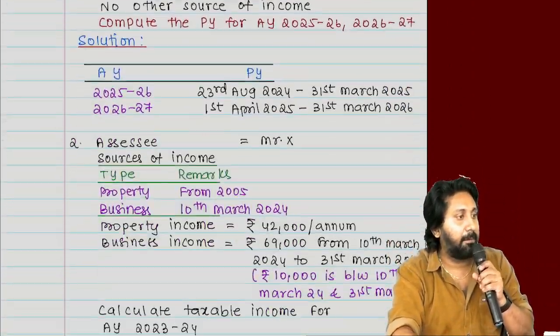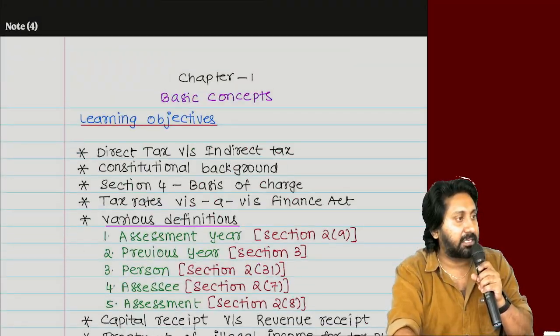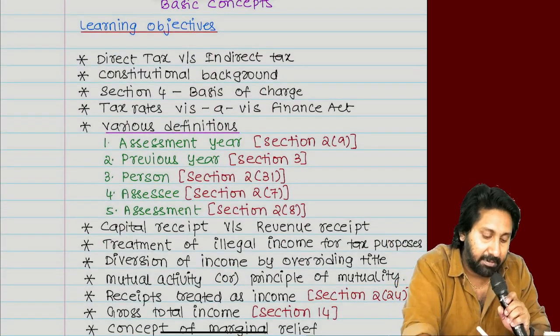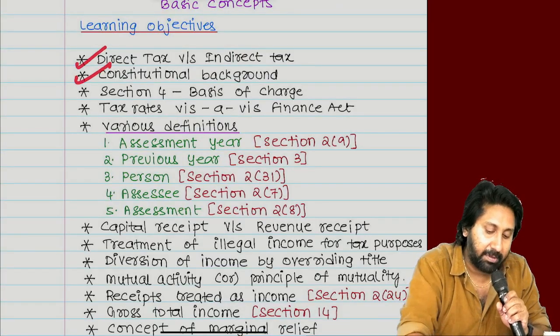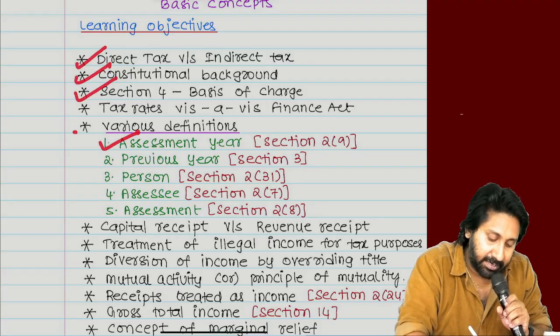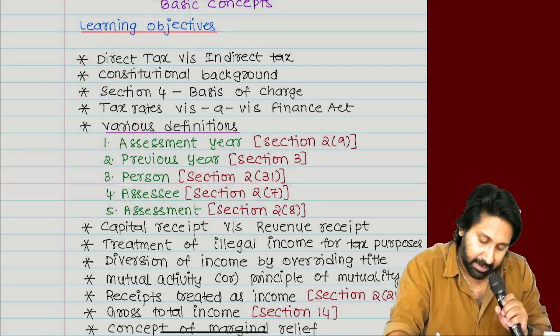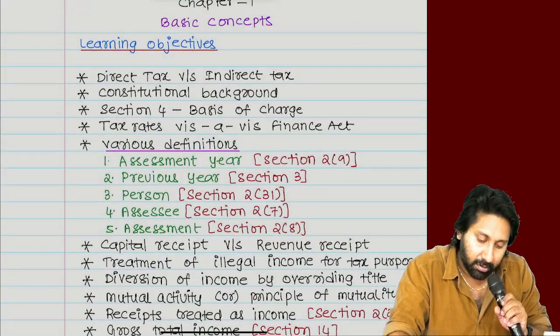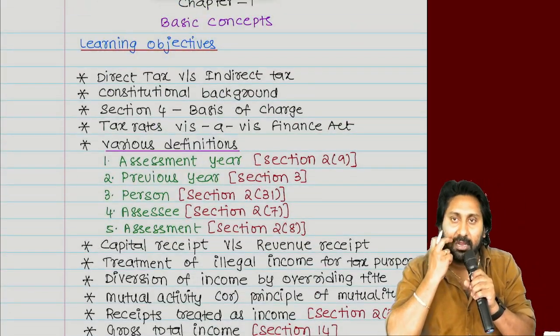With this, we completed one part in this discussion. Come to the learning objectives once. Direct tax versus indirect tax. Completed the constitutional background. Yes, section 4. Yes, next one, assessment year. Yes, previous year. Yes, completed. These are the things we completed, correct?